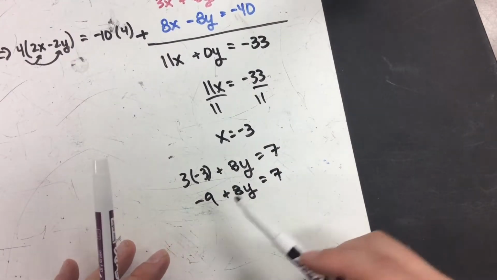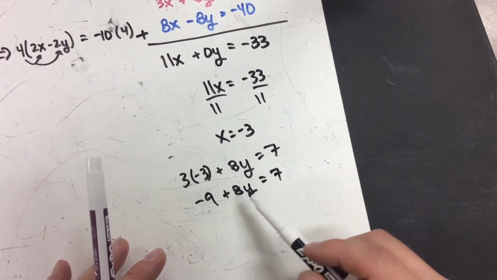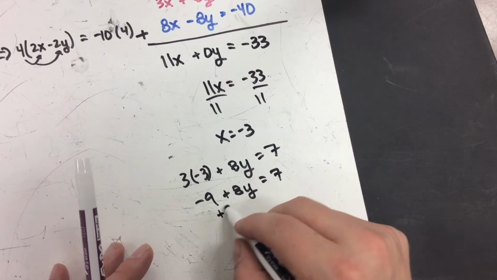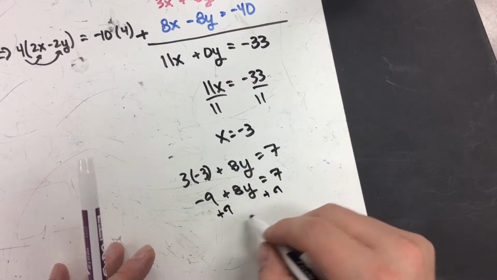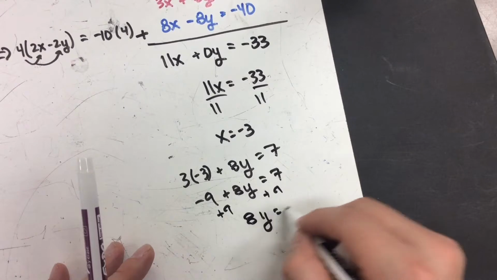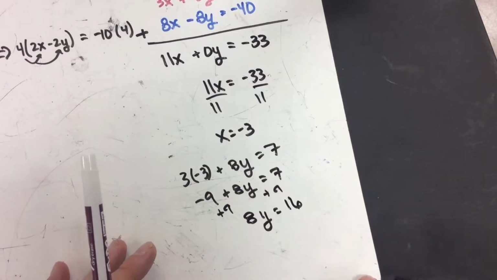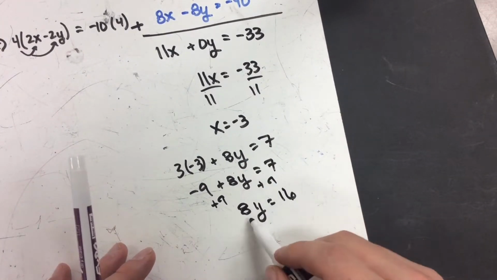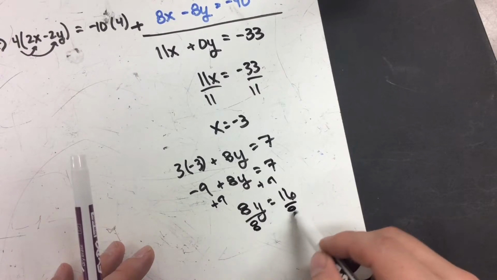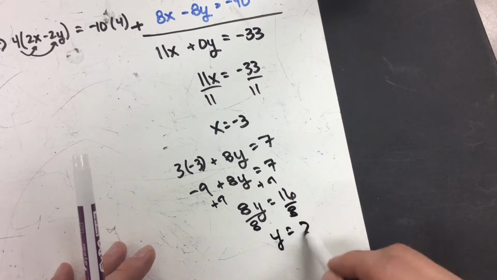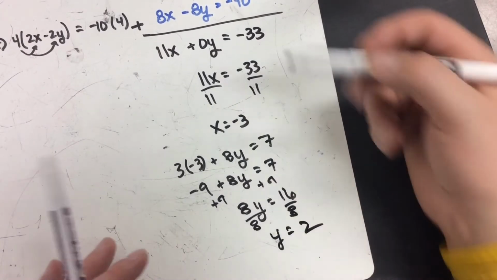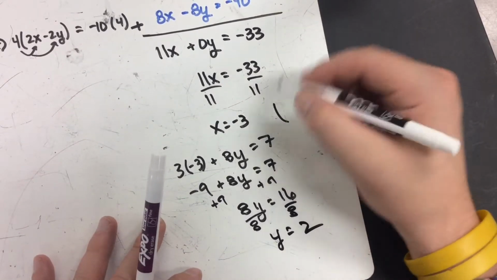Let's keep getting y by itself. So I'm going to add 9 to both sides. So that gives me 8y equals 16. Last step, divide by 8. Y will equal 2.